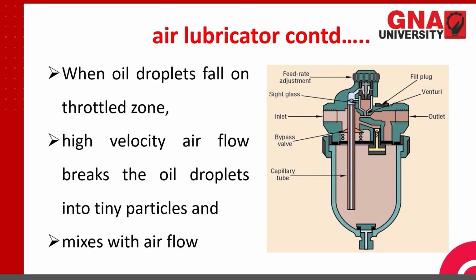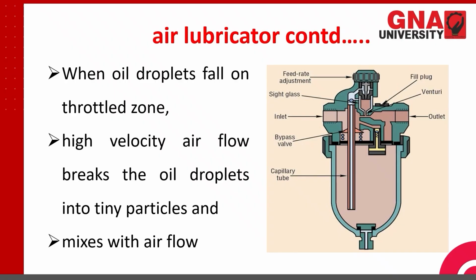It will mix into the compressed air. So the mist of lubricating oil gets mixed with the pressurized air, and the air and oil mixture is used further for doing useful work.